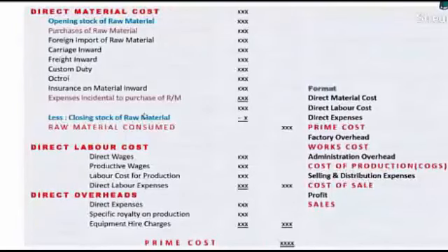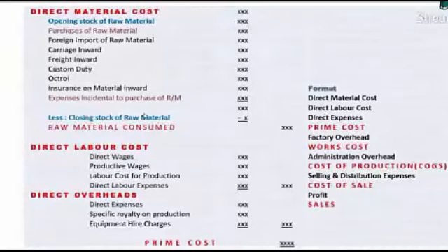Labor cost for production. Again, these are twistings of the words. The word production is used at the end. It indicates this is a direct labor cost. The next one is direct labor expenses. These are twistings of words only, but the ultimate objective is that any labor costs incurred in a factory which are direct are called direct labor cost.